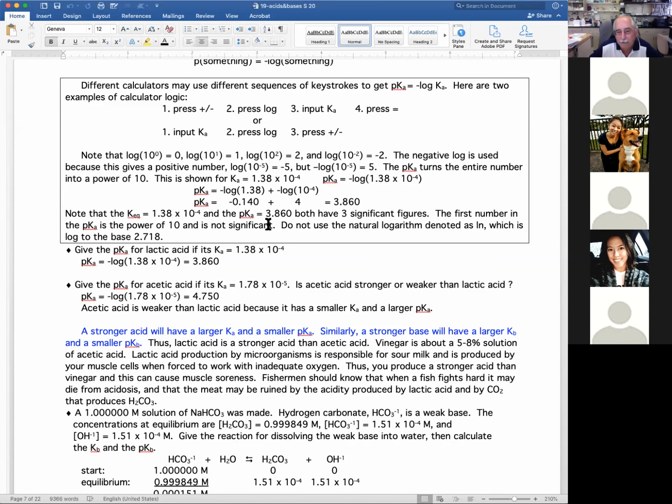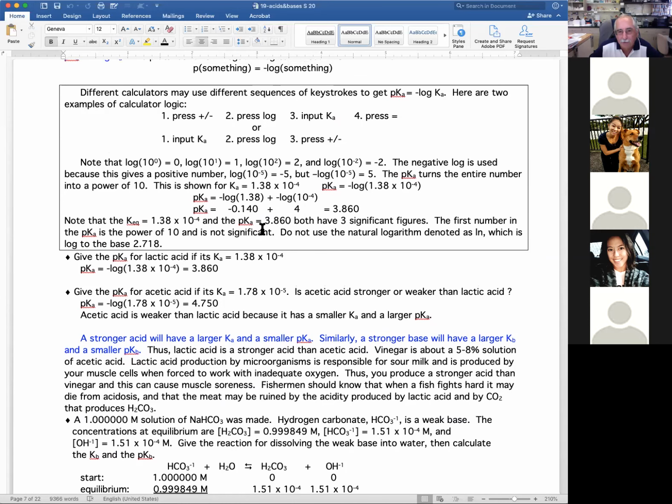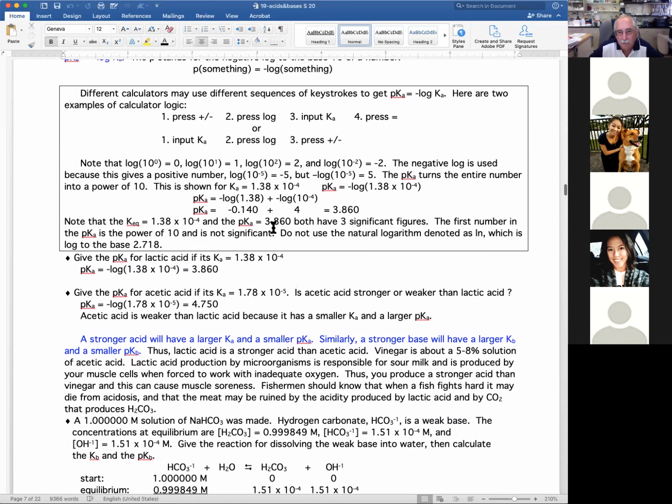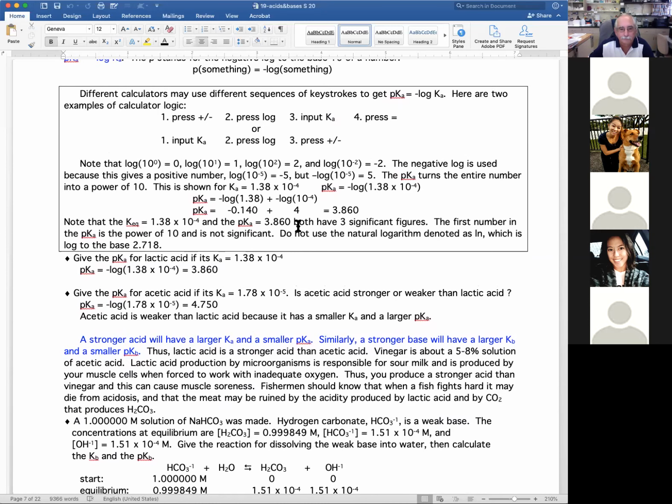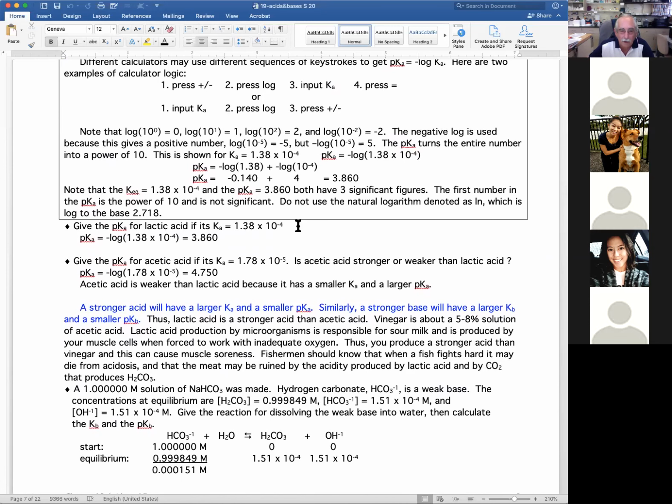So what that means is the power of 10 right here, plus another part of it has 3 significant figures. Then one more thing, we're using log of base 10. Don't use the natural log. Usually the natural log is ln, log to the base 10 is log.